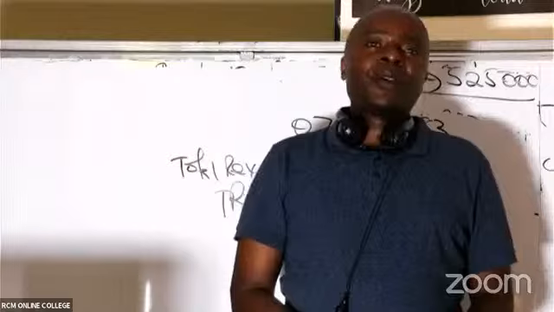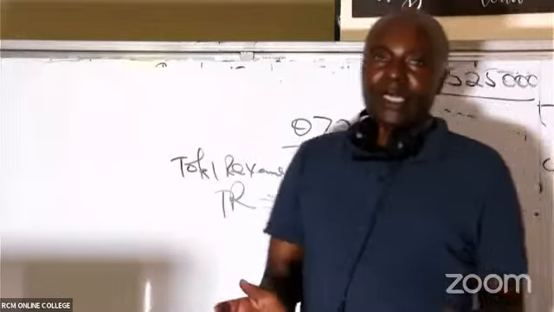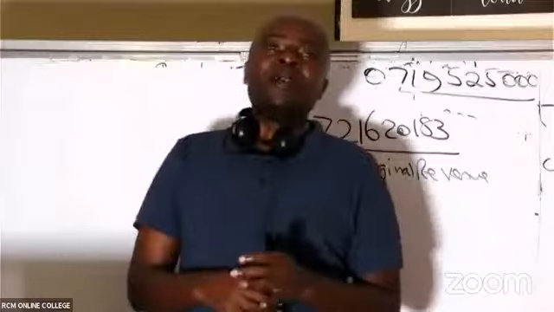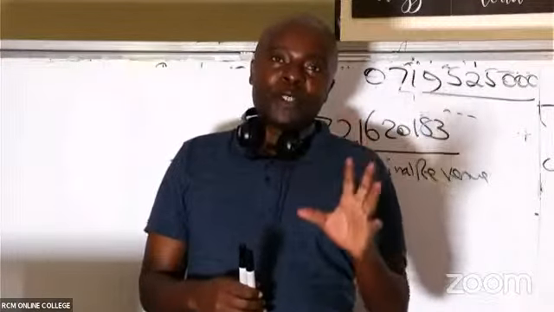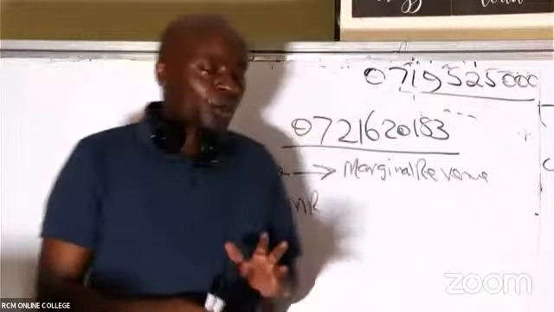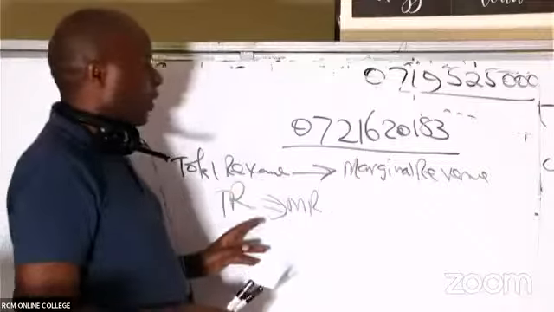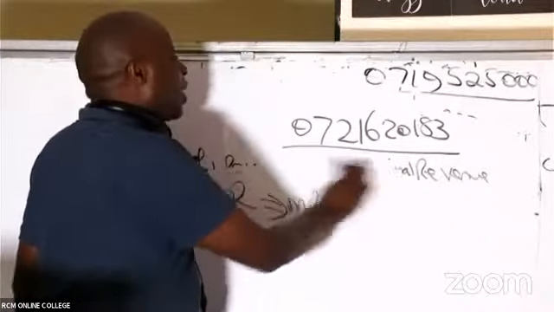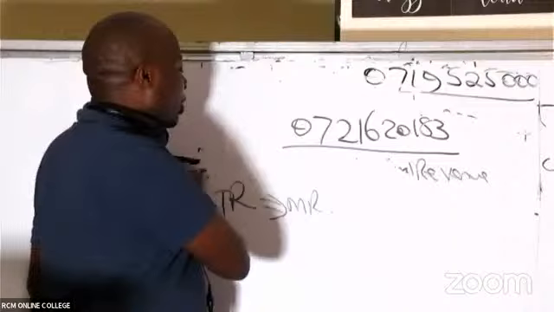Now, ladies and gentlemen, with that small understanding, I would want you to know that there is a connection between totality and marginality, marginal and total. Whenever you're given total revenue and you want to get marginal revenue, you shall always differentiate.